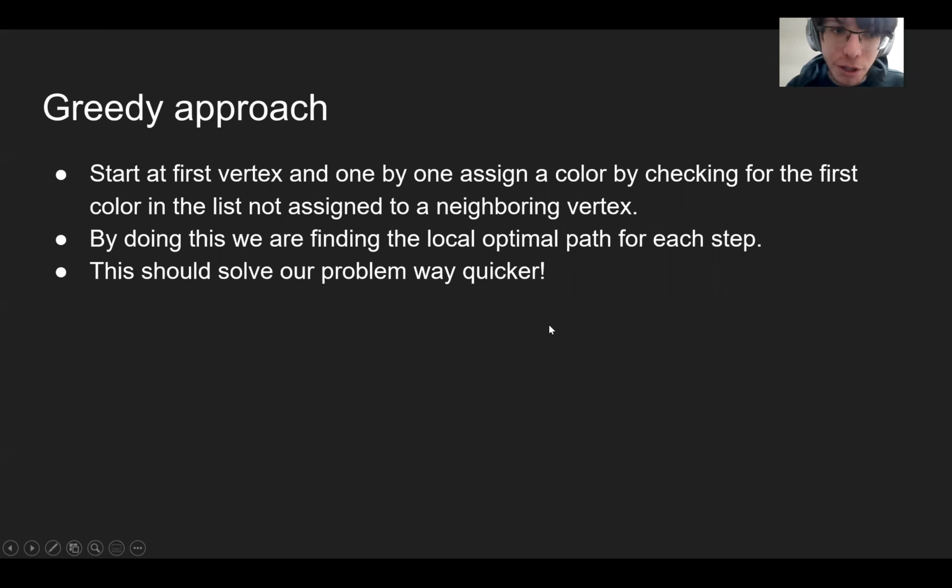So for the greedy approach, we start at the first vertex, and one by one, we assign a color, checking. So maybe this is a little confusing at first, but let me just draw it out. Let me draw it in black actually at first, and then we'll color in the nodes. Oh wait, let's make it white actually, because it's a black background, so you won't be able to see it otherwise.